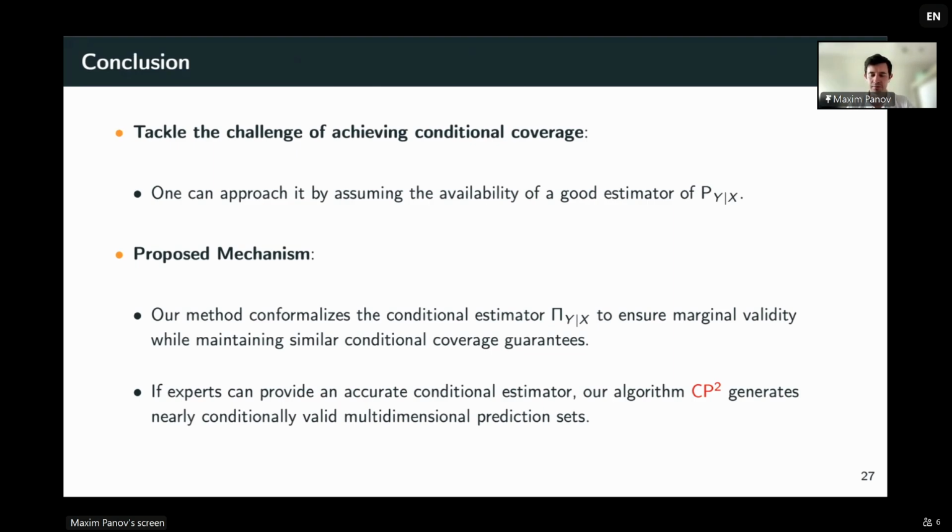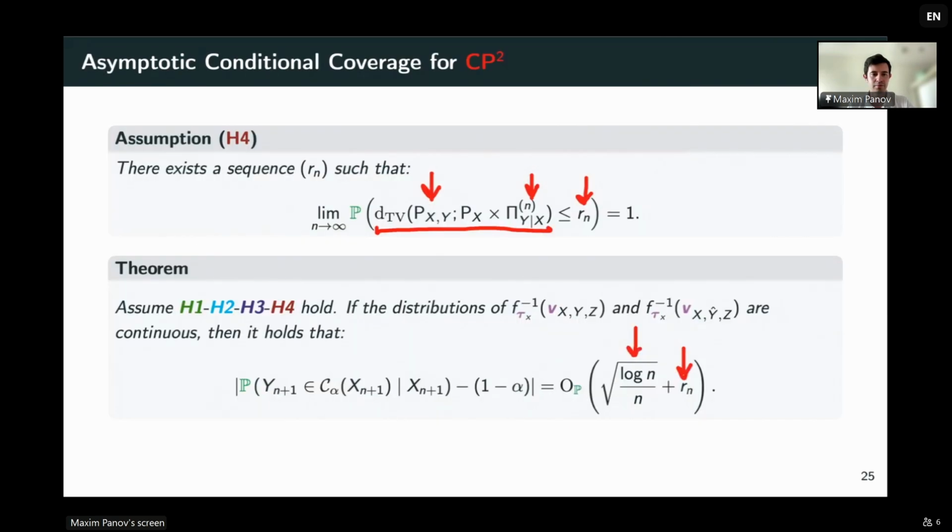We are a bit short of time, so just one question. Can you come back to the condition for the quality of your estimator? This one. So this is total variation distance. Can you explain? That's a good question whether you can do something better than total variation here, but currently we have total variation.